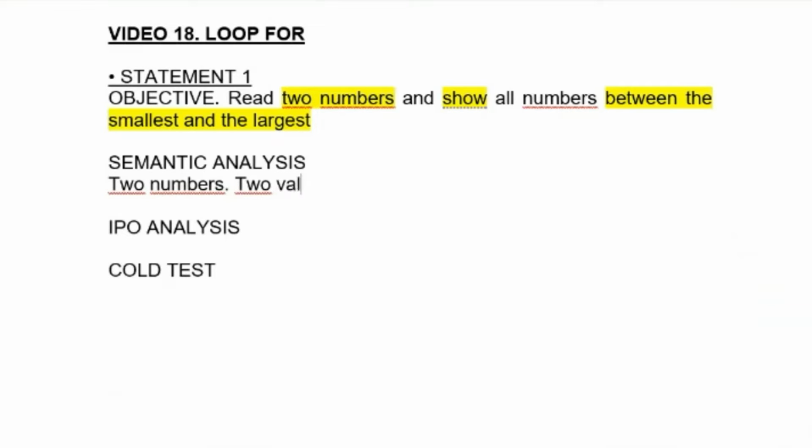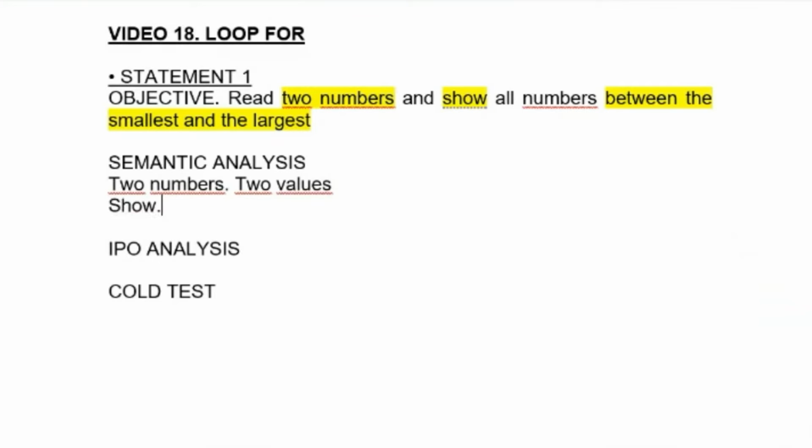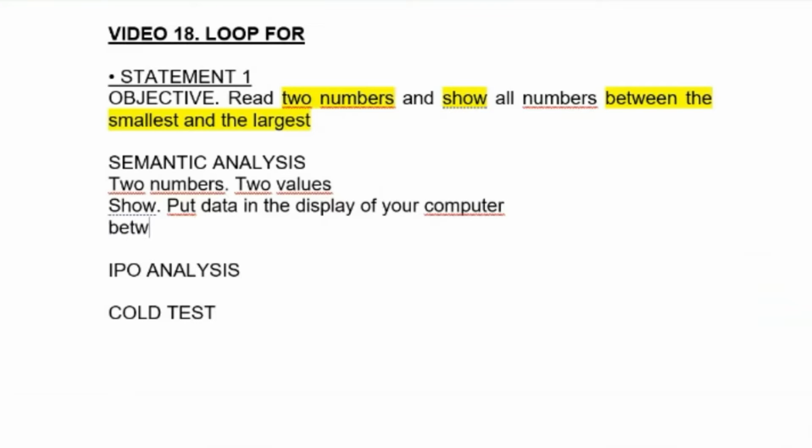are two values. Show is put data in the display of your computer, of course. And between the smallest and the largest, this is a range.